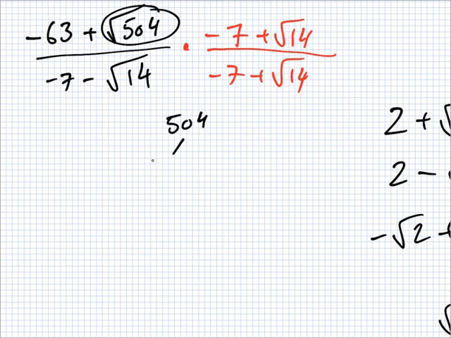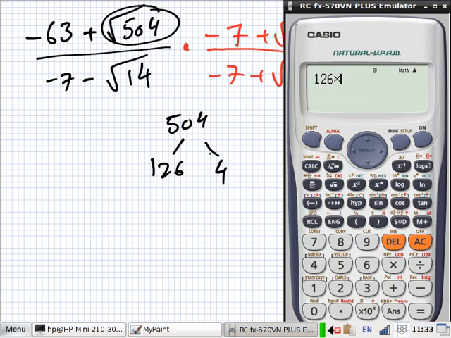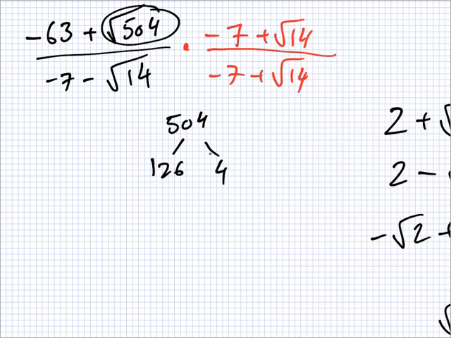504 will be 126 and 4? Is that right? Yeah. Actually, what am I doing? I have a calculator right here. 126 times 4. Yeah. Okay, and that will be 2 and 2.